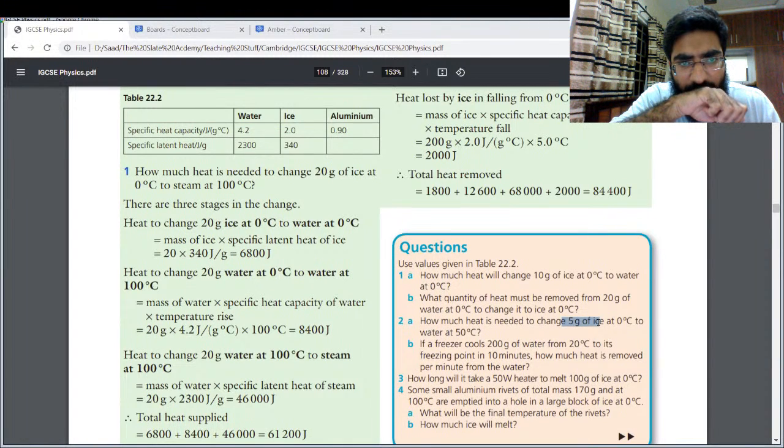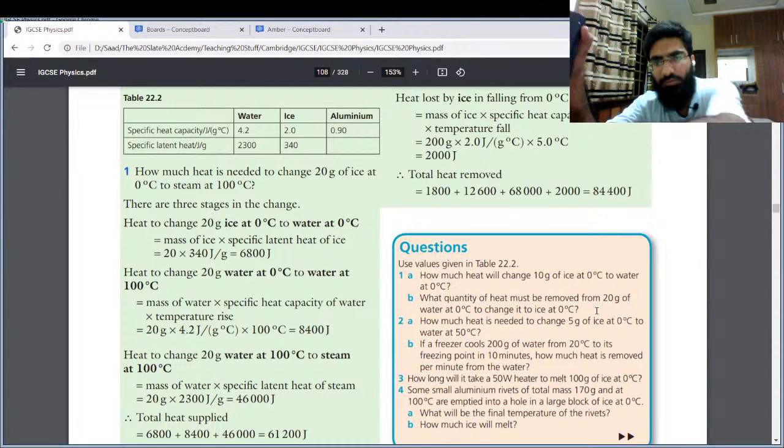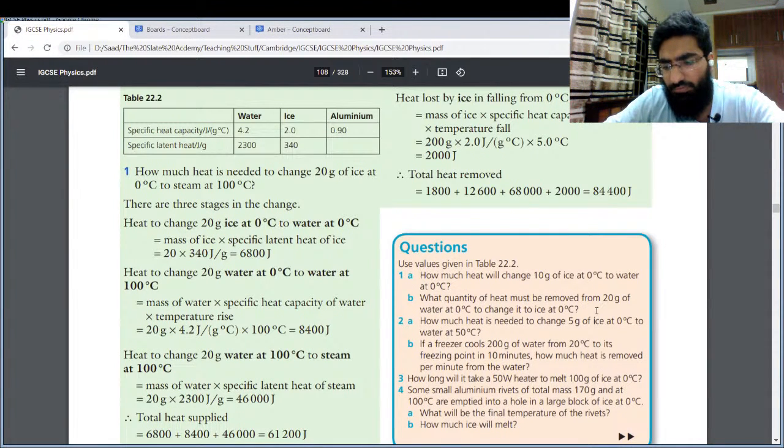650. 650 is for what? Like total? No, total is... See, first you'll have to do the 5 grams conversion. So 5 multiplied by 340. That's 1700.